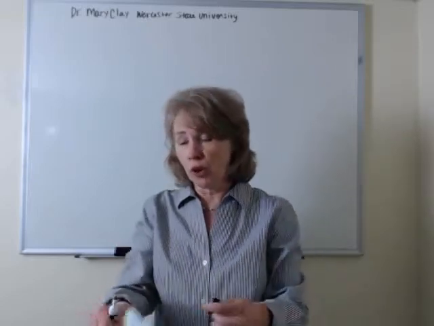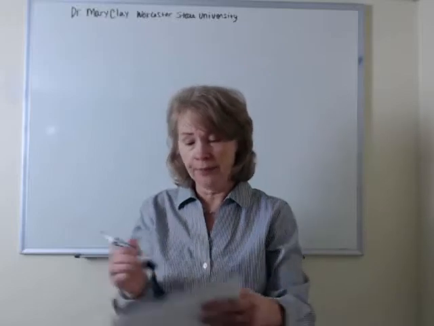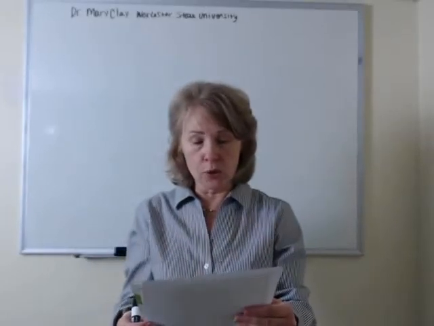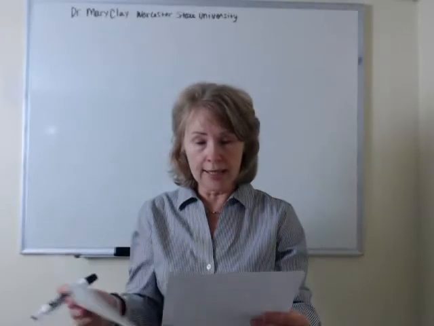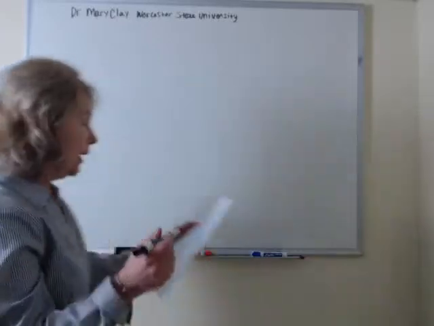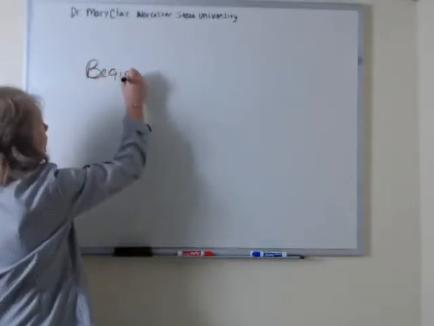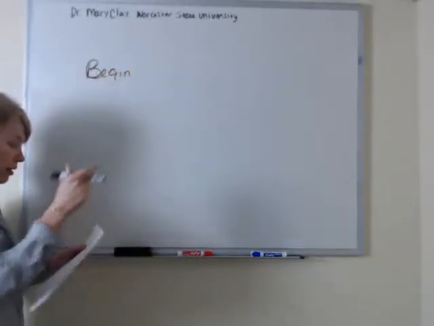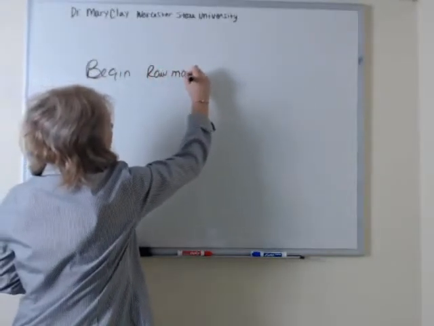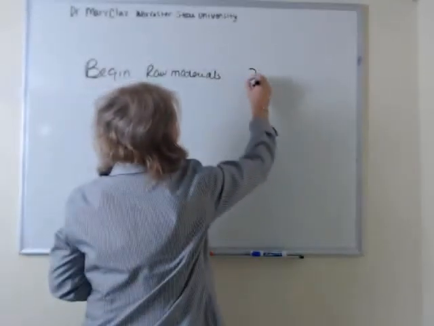The first item that we will complete is we have to figure out direct materials used. In a prior video, I showed you how to figure that out. So what do I need in order to figure out direct materials used? I need beginning raw materials. That's what they began the period with. Beginning raw materials is 23,000.